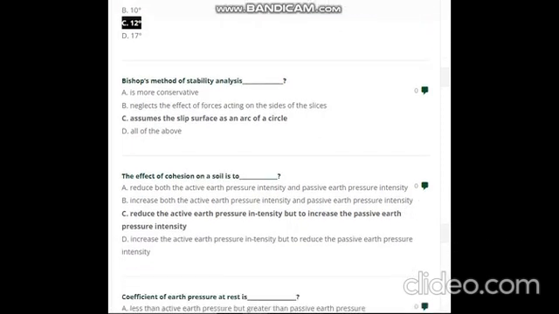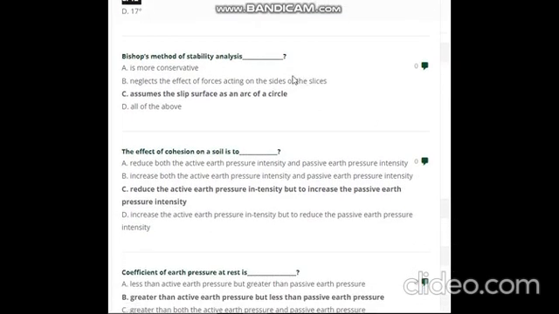The back of the wall is inclined to the vertical at a positive angle of 5 degrees. If the angle of wall friction is 7 degrees, then the resultant active earth pressure will act at a distance of 2 meter above the base and inclined to the horizontal at an angle of 12 degrees.